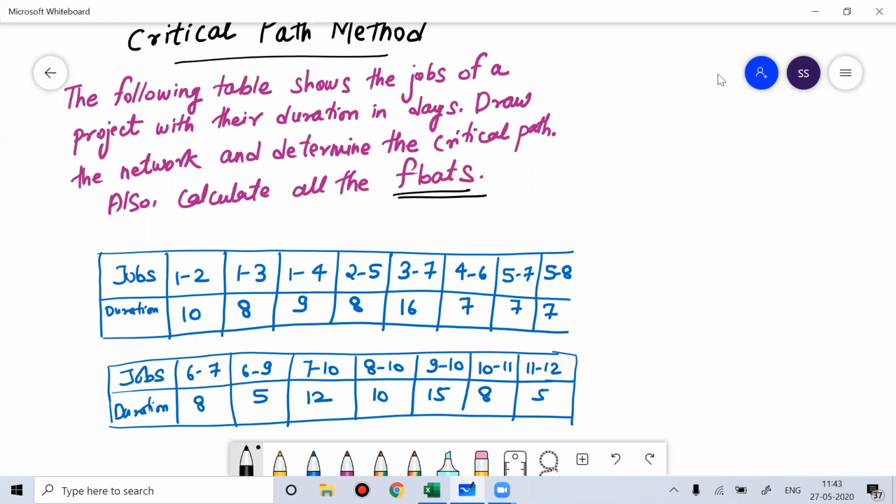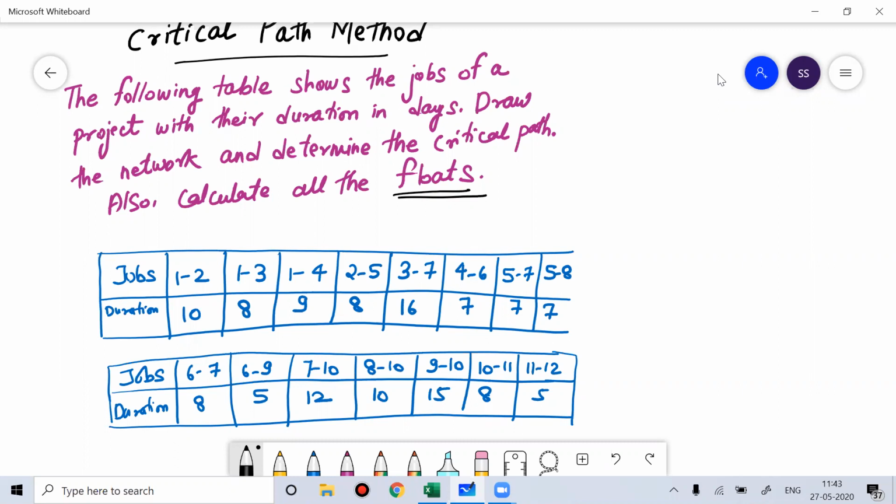Total float refers to the amount of time by which an activity could be delayed beyond the earliest expected completion time without affecting the overall project duration. Mathematically, total float is the difference between the latest start time and the earliest start time of that activity.